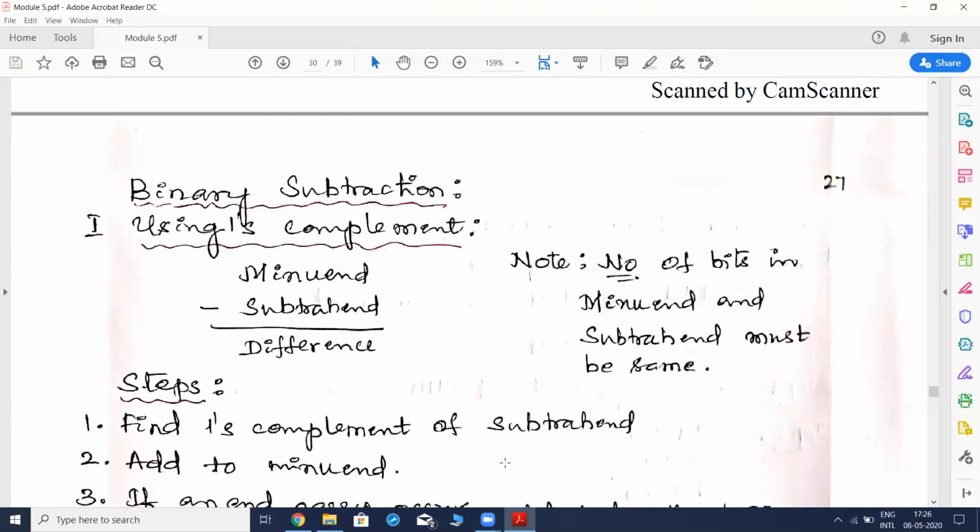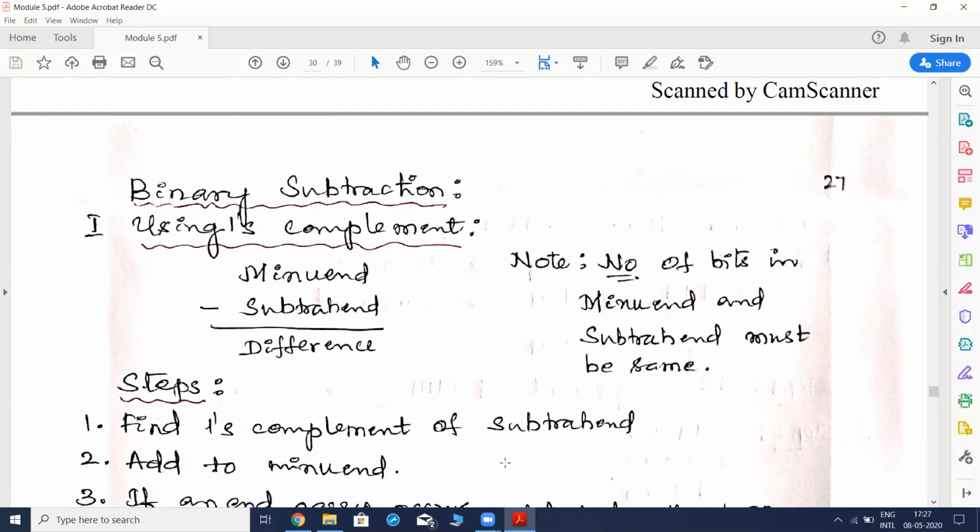Okay, so now let us move on to know binary subtraction. We have seen binary addition. Now we should see binary subtraction. Why we go for complements is that there are two methods in which we can perform binary subtraction: using 1's complement as well as using 2's complement.